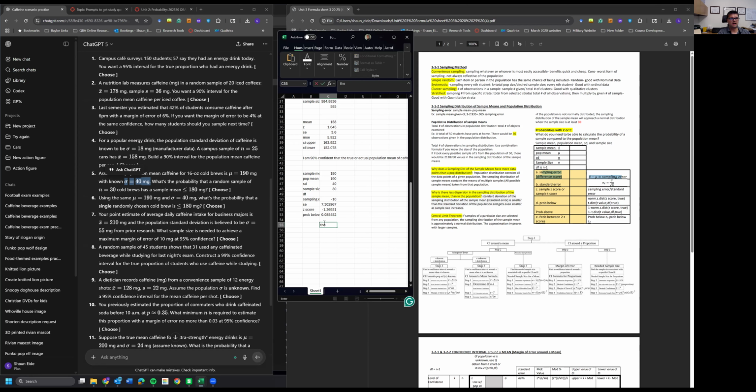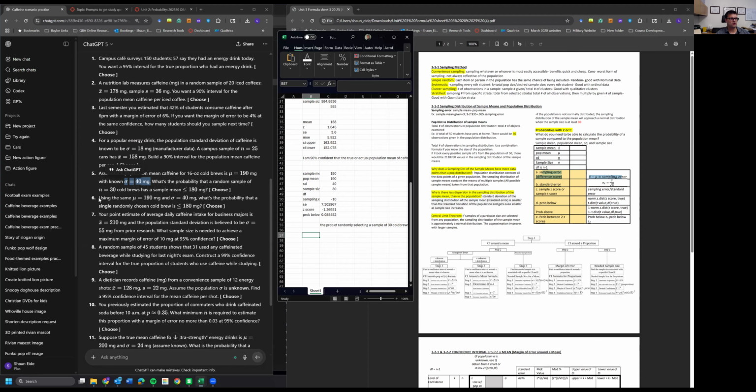The probability of randomly selecting a sample of 30 cold brews with a sample mean of 180 or less is 8.5%. So the probability of randomly getting this or less is 8.5%.